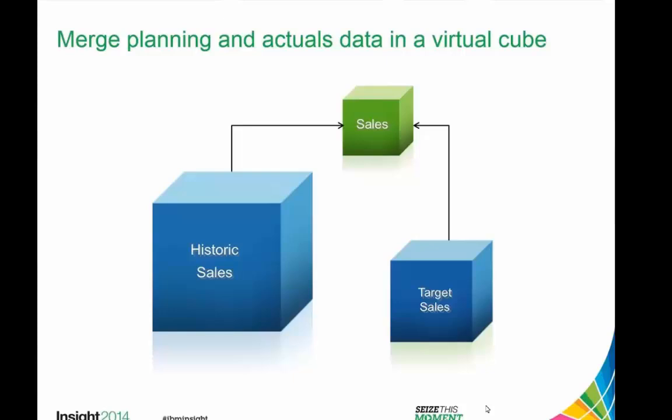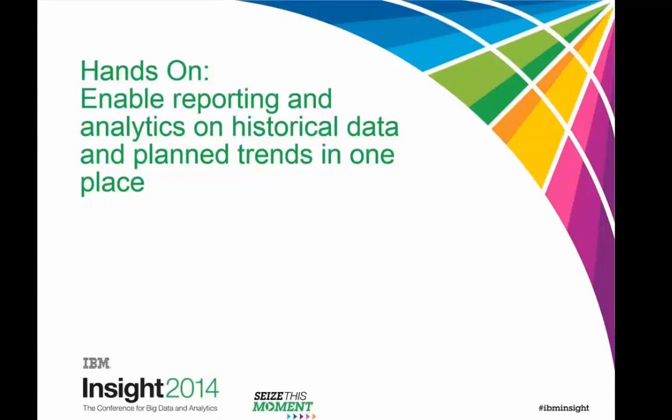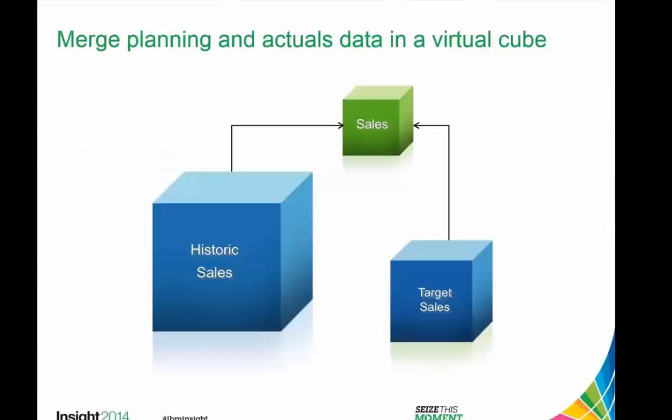Okay, and so let's get hands-on, and we'll bring together that historic sales cube and the target sales cube, and we'll create something called the target to actual sales virtual cube. This one will share some of the same dimensions and some of the same measures, but not everything. So they're in kind of different contexts, right? Some of the measures are based on kind of planned data versus the actual data in the historic sales cube.